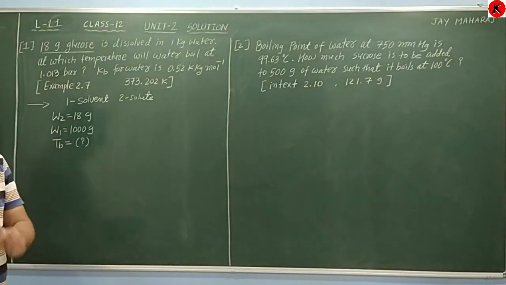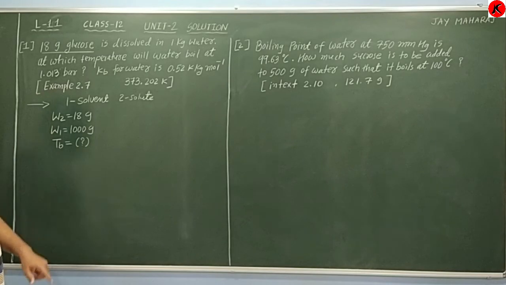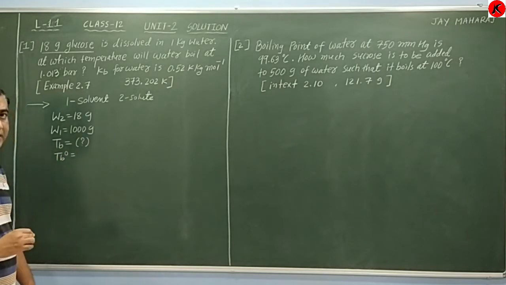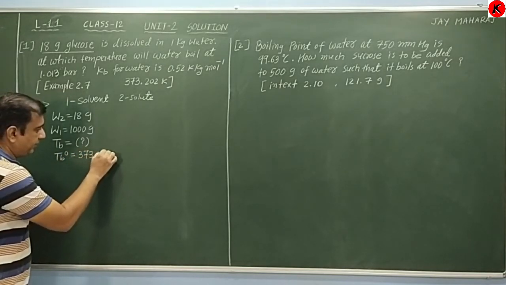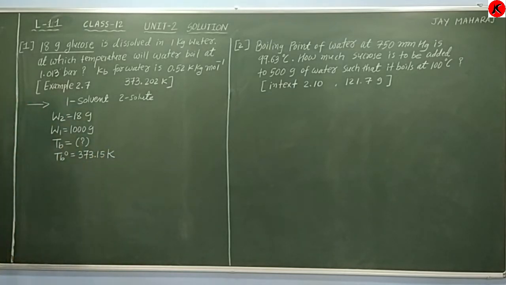Solvent is water. Water has a boiling point at 1 atm pressure of 100 degrees Celsius, that means 373.15 Kelvin when converted into Kelvin.